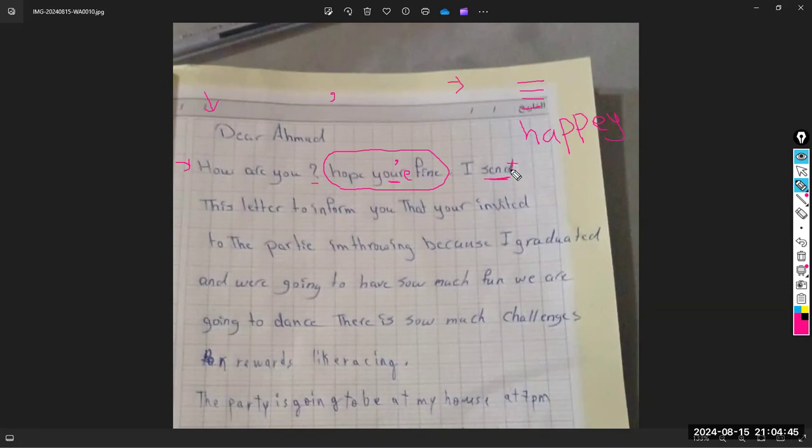You have to say I sent, or maybe I am sending this letter to inform you. Come on, this is an informal letter, Ali. Yeah, it's easy to say to tell you. Okay. In writing the formal letter, Ali, absolutely, you have to say to inform you. Okay. So I sent this letter to tell you that you're invited.